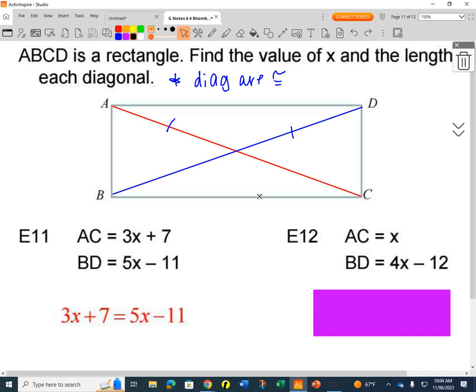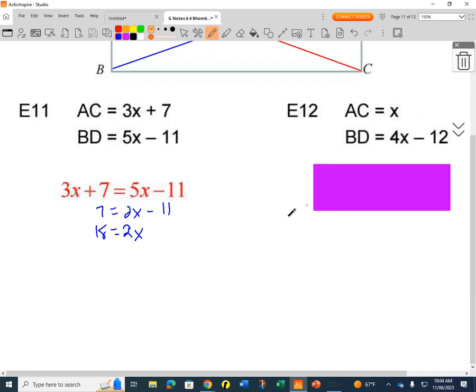You get both variables on the same side first. I would subtract 3x from both sides. I'm going to do 7 equals 2x minus 11. That is what you should do. I'm going to add 11 to both sides. And 18 equals 2x. Divide both sides by 2. And now I know that x equals 9.